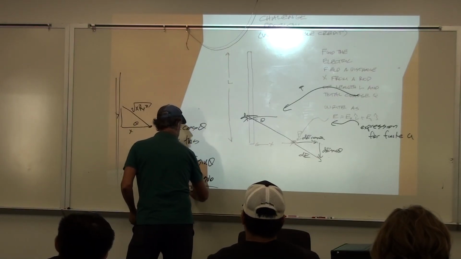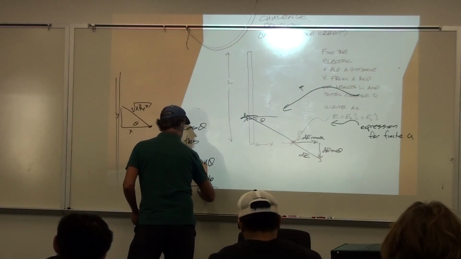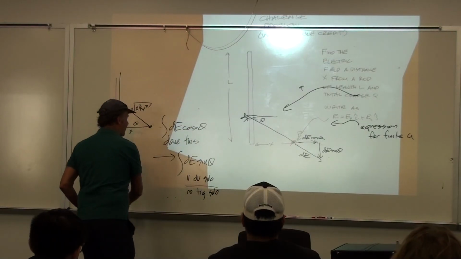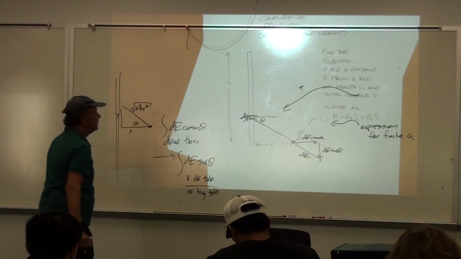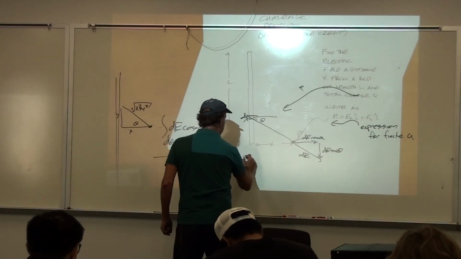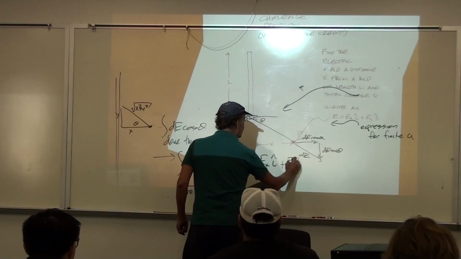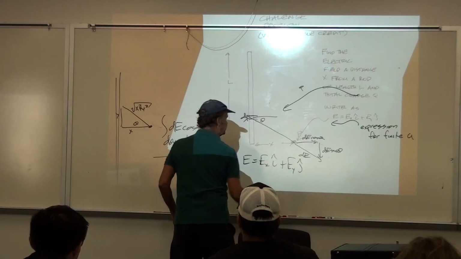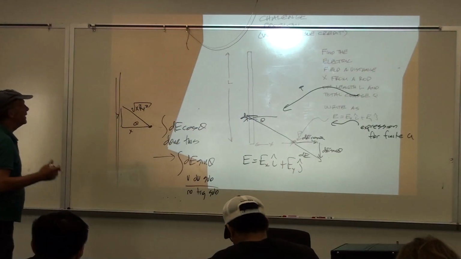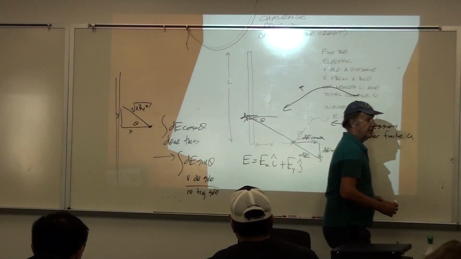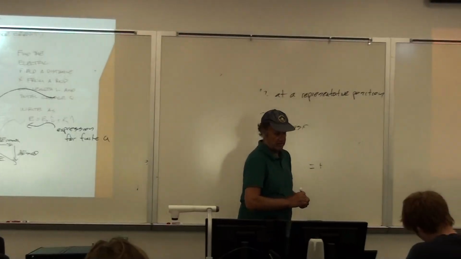You don't need a trig sub here. And then when you're all done, you're going to get an electric field E that'll be Ex i hat plus Ey j hat.